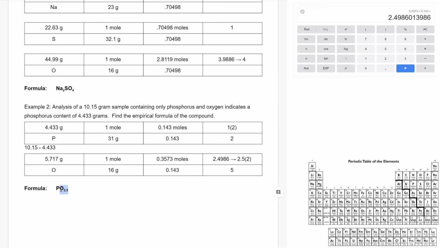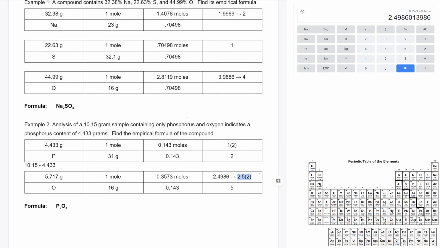So now we have a ratio of 2 to 5, which is mathematically the same ratio. You need to make sure to multiply both of them by 2, not just the 0.5 one, but both of them. We keep mathematically the same ratio, but now with whole numbers. So our answer is P2O5.